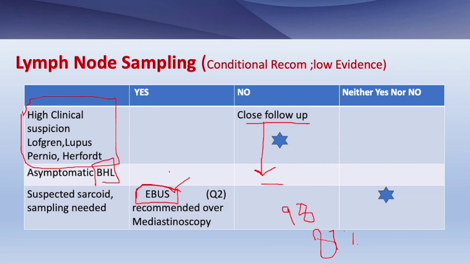So EBUS definitely gives us very good quality sampling data. Also, EBUS can easily be combined with transbronchial biopsy and endobronchial biopsy, so that makes it easier for us to interpret everything as a whole. So EBUS definitely is in favor of lymph node sampling.